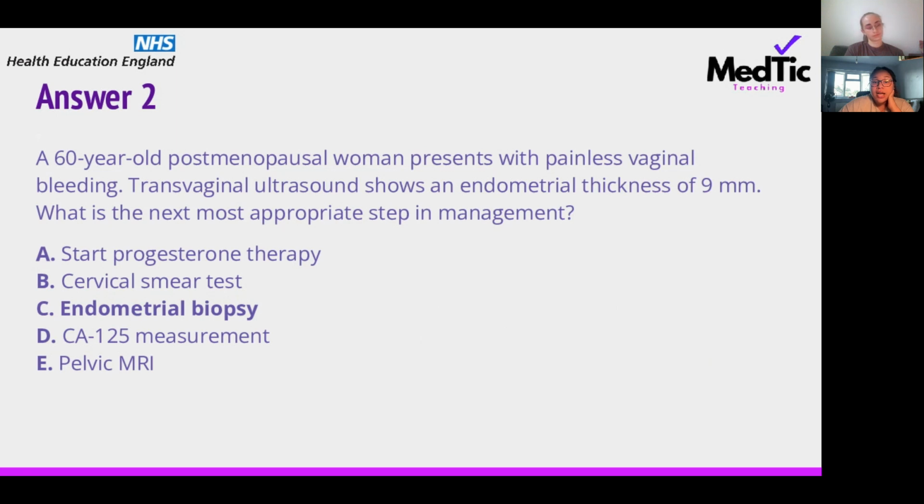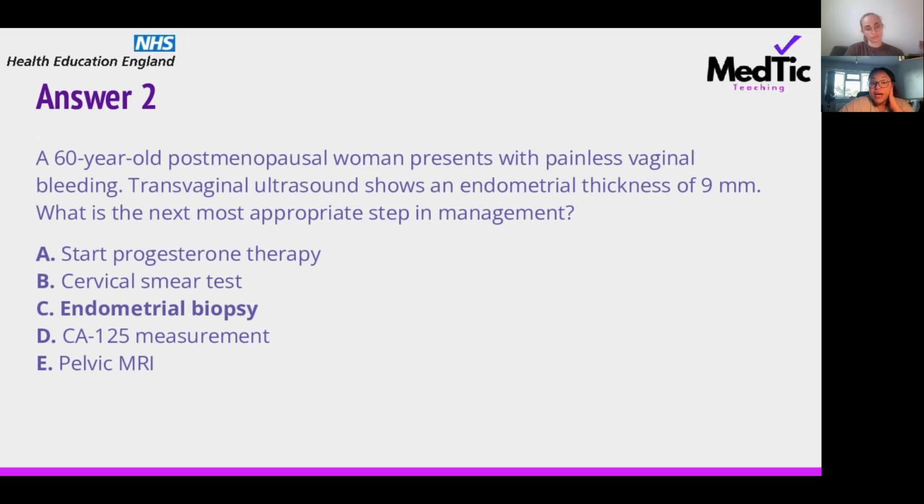Cervical smear is incorrect as it's used as a screening test for cervical cancer, so it's not looking at endometrial pathologies. And as we can tell, the key red flag we look at is postmenopausal bleeding, which we know is a high risk for endometrial cancer.